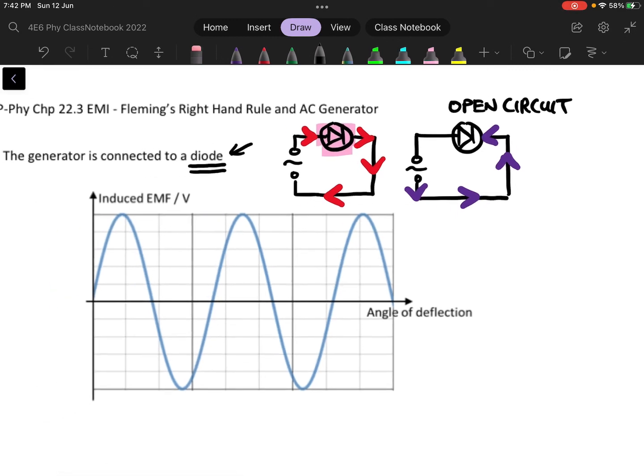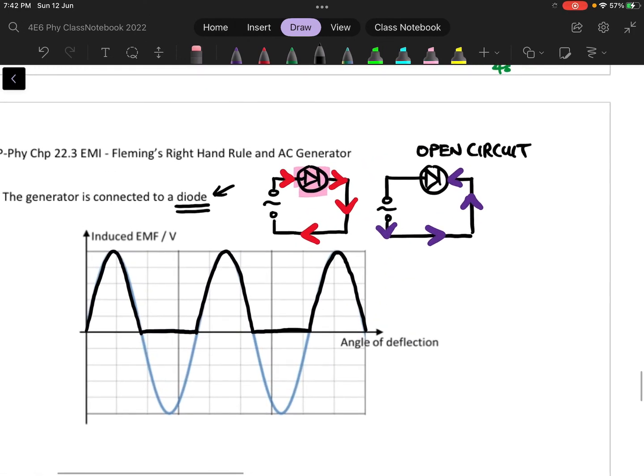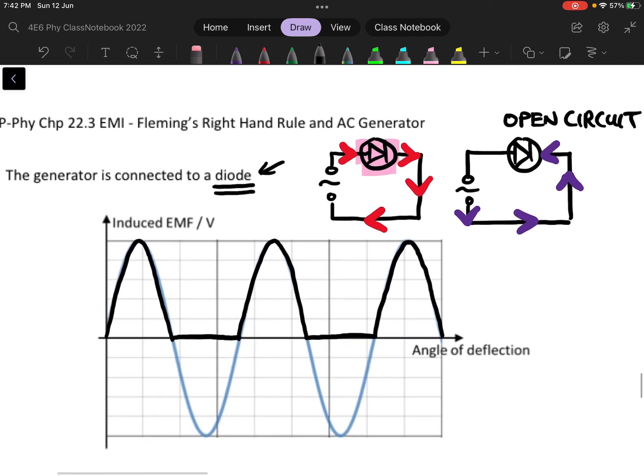Because of that, if you have a diode connected to the generator, you are going to get the positive, but when the EMF or the direction of the current reverses, you're going to get a flat line and then go back to here, the diode acting like a normal wire. But once it goes into the reverse, it will block it and there will be no EMF. That's how a diode will affect the graph of EMF versus angle of deflection.